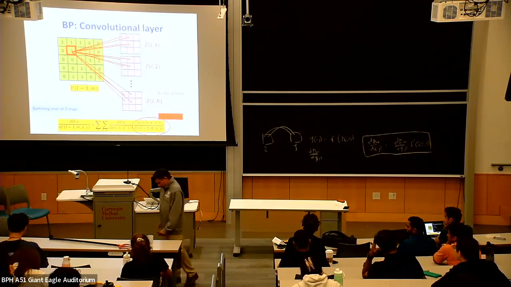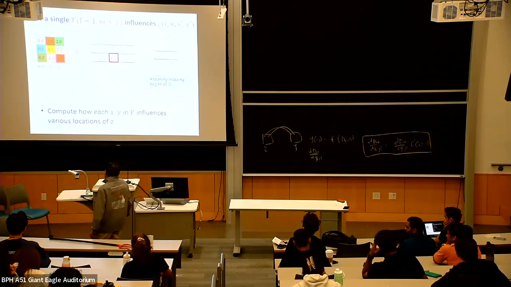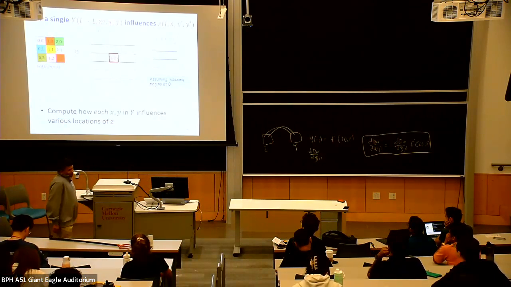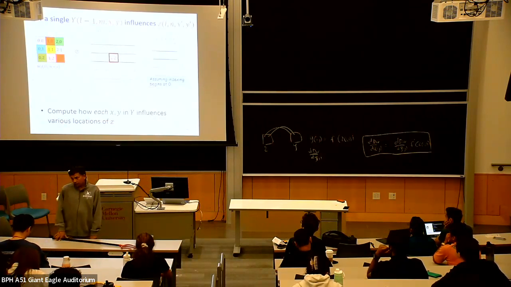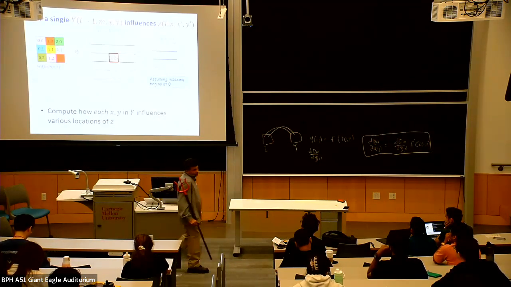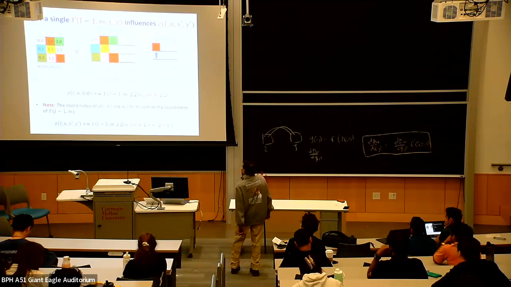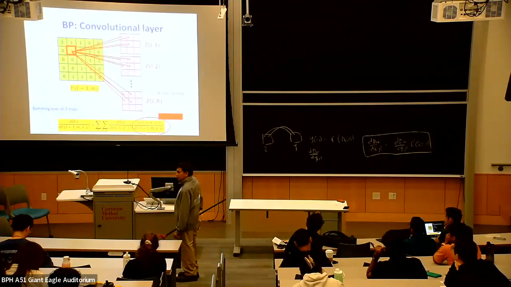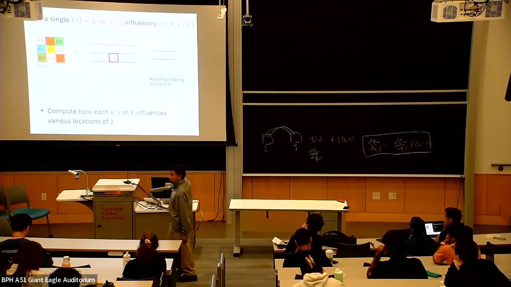Okay. So how does a single element in the input influence the various values in a specific output map? Now remember, any particular input channel is going to work through the corresponding channel of the filter.